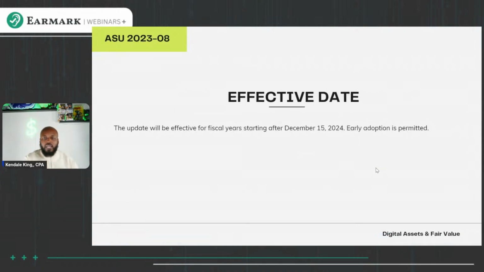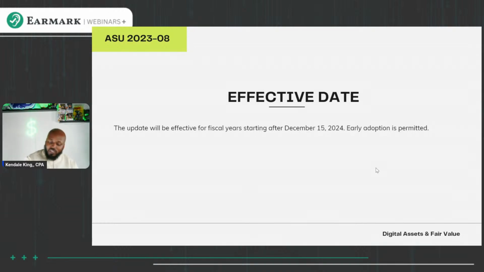Okay. And again, like I mentioned, the effective date is starting December 15th, 2024. So everybody's balance sheets at the end of this year need to be reflective of fair value, and you need to have those additional statements included. And so it's very important that you take the time to learn and understand what needs to be done when it comes to that.